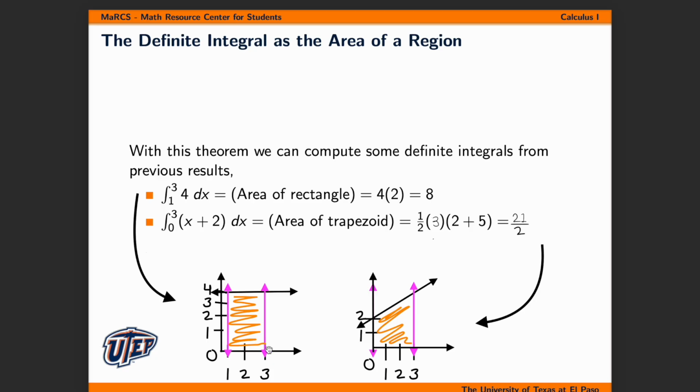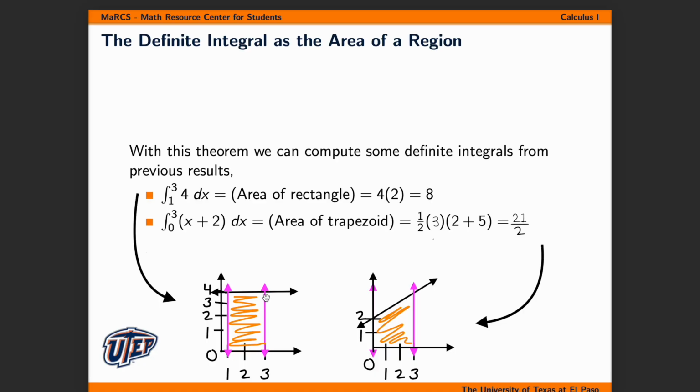And then we are bounding below with the x-axis. So that means that we want to find the area between our line y equals 4 and the x-axis, and bounded by these two vertical lines. We see that this shape forms a rectangle, so that means that we are just finding the area of a rectangle, which is equal to length times width. So in our case, the width is 2, because the length between these two limits is 3 minus 1, which is 2.